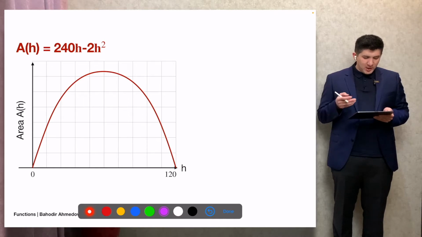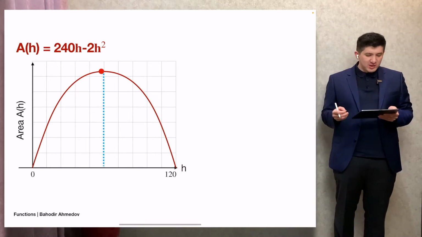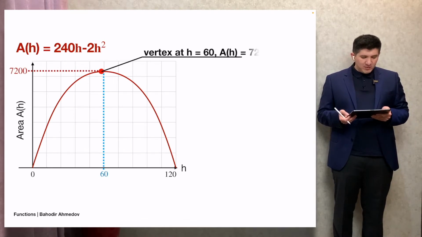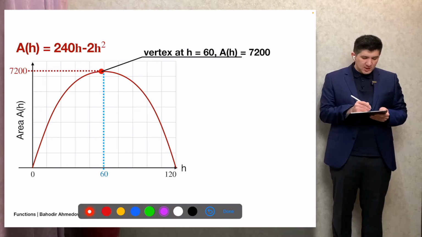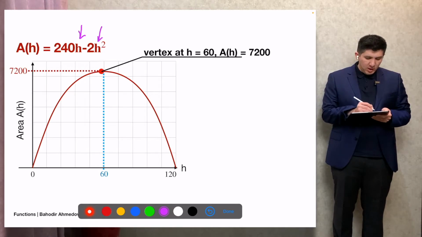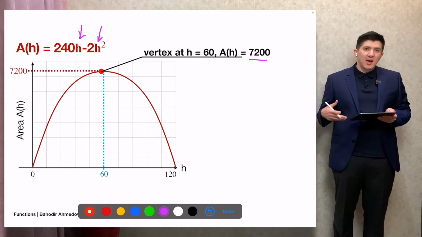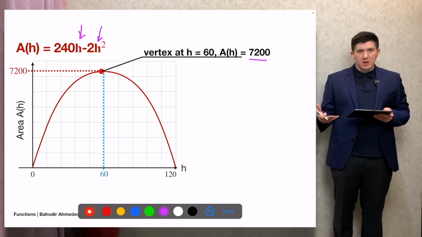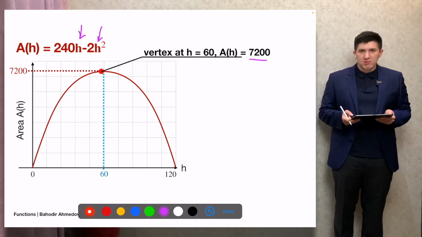So what we can do is choose some point and go until the vertex of this parabola, the graph of the quadratic function, and we can figure out that the vertex is located at the point h equal to 60. If you substitute 60 here and here, you get 7,200. So the area can be explained using the quadratic function, and it can be maximized by finding the vertex of this quadratic function.